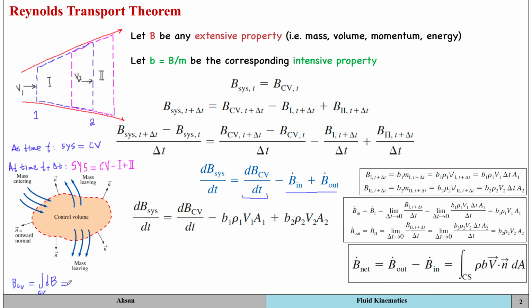And then we can simplify this like we've done before and write it in terms of the intensive property, and this would become small b into dm, which is the differential mass. And then I could simplify this further by again using the definition of mass and density, and that means this would become b into rho into the differential volume. Okay.